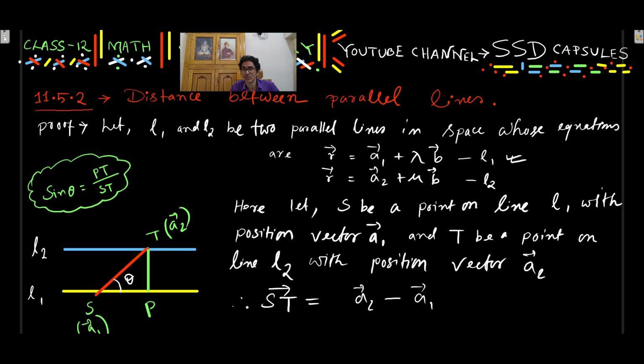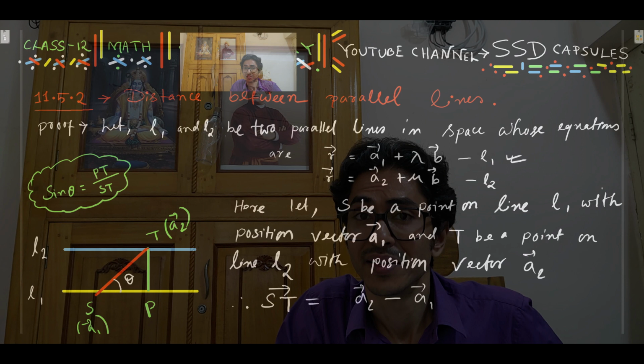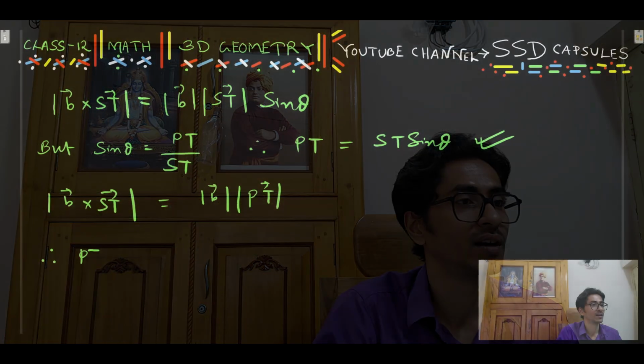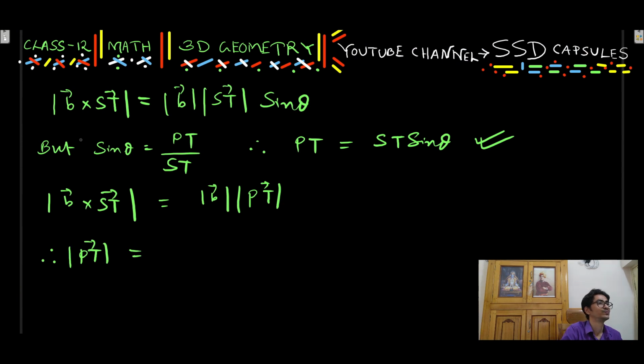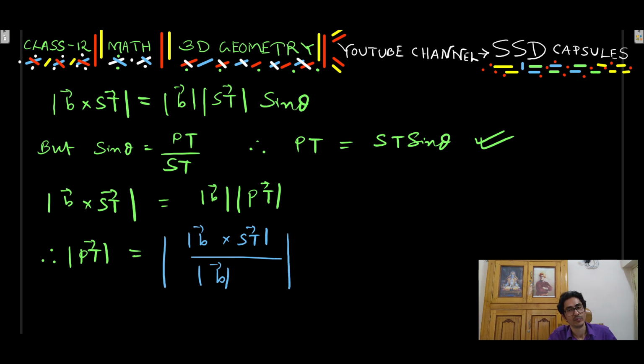PT vector magnitude, as we have discussed earlier in today's lecture, is nothing but the shortest distance between the two parallel lines given here, which are L1 and L2. So therefore PT vector magnitude equals B vector cross ST vector magnitude by B vector magnitude. Take whole magnitude to make the thing positive.